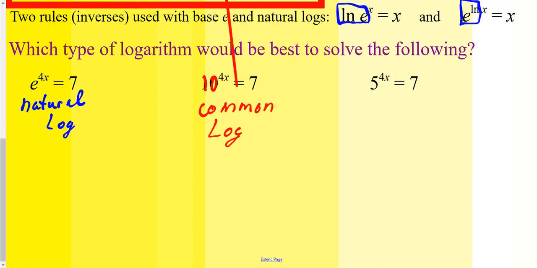It doesn't make a difference. You could use natural or you could use common. Either one will work. But if you were dealing with the far left with an e, definitely use a natural log. If you're dealing with the middle one of 10 to the power, definitely use a common log. If you're using something other than your base of e or base of 10, it doesn't make a difference.